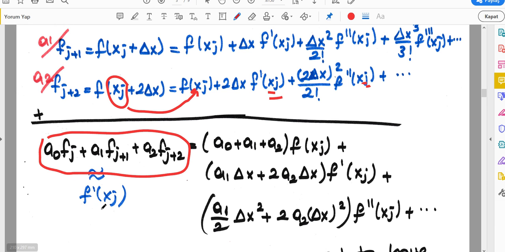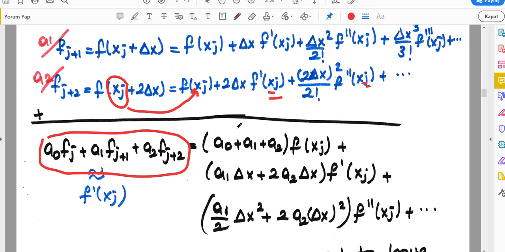So I'm writing the first derivative, and the right side expression consists of infinitely many terms. Here we start with the equalities, starting with the right side.